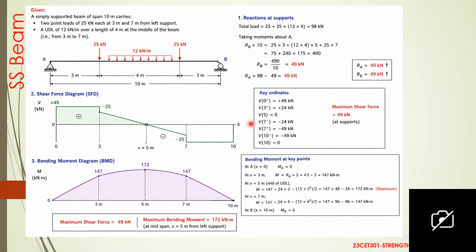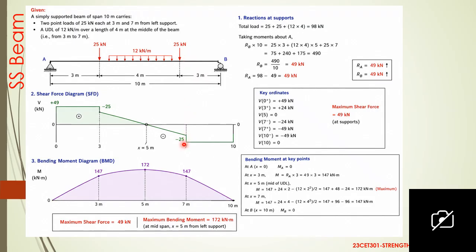Shear force at 7 meter: if a point load is acting at the end of the UDL, we have to find two values, that is without considering the point load and with considering the point load. First we find without considering the point load, that is plus 49 minus 25 minus 12 into 4, that will give minus 24.